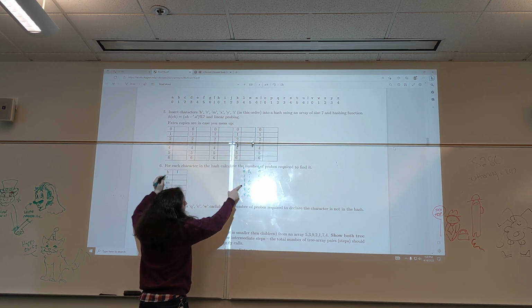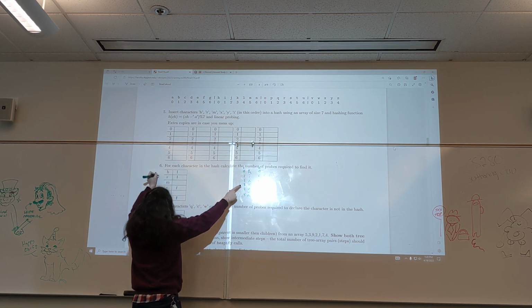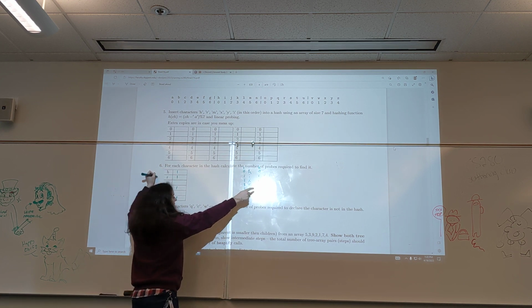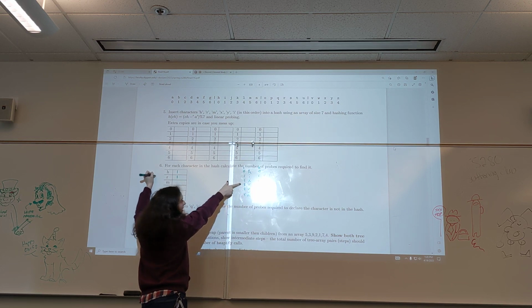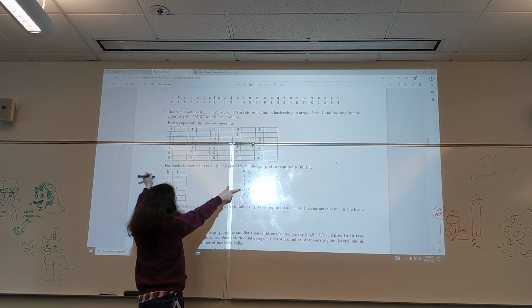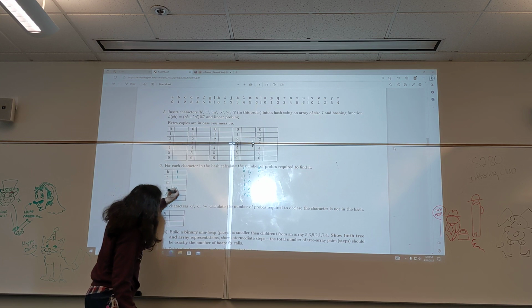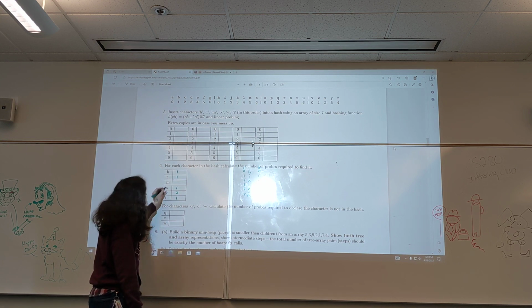Now for Y, its key is 3, so we would start here at 3 and then we would have to go down 1 to get to Y. So that would be 2 probes. And then M is 1 again.